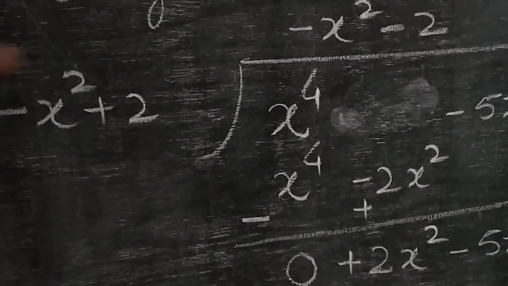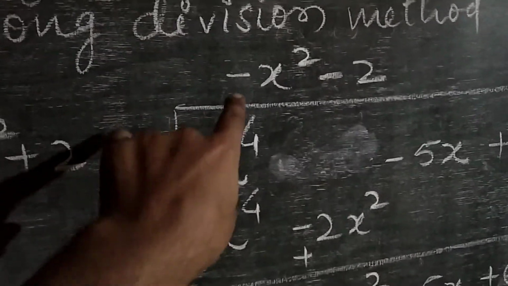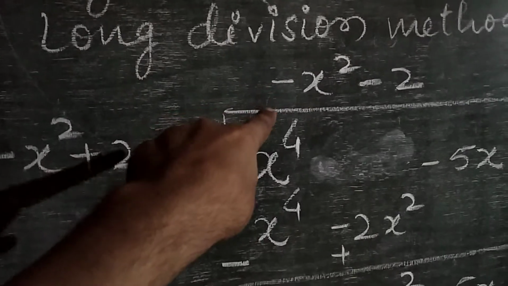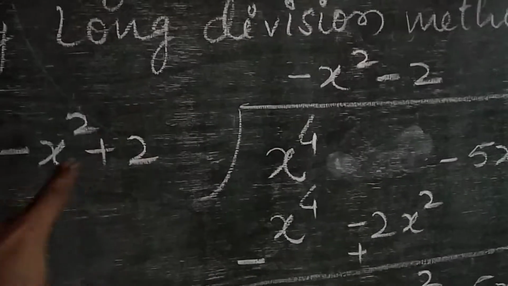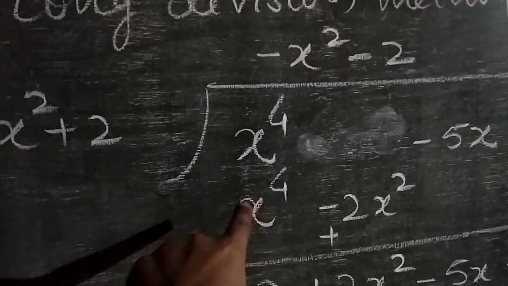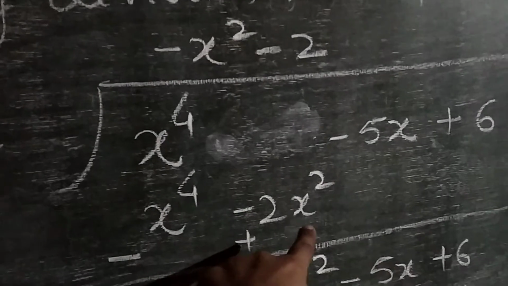So x to the power 4 divided by minus x square, what will we get? Minus x square. So we will multiply the divisor by this term of the quotient. Minus x square into minus x square, it will become plus x to the power 4. Minus x square into plus 2, we will get minus 2x square.